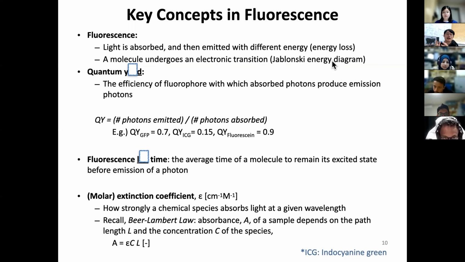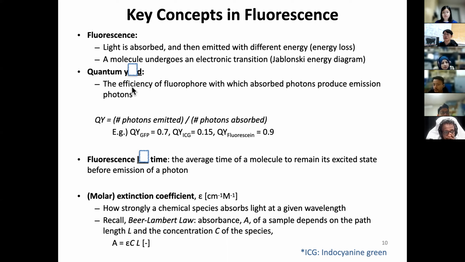Here your question is, hey, I have different kinds of fluorophores. I want to know about their efficiency, whether GFP is better or RFP is better, or something else. For example, ICG, indocyanine green, is one of only a few clinically approved so that you can use it for patients. This is near infrared light. You are curious about the efficiency.